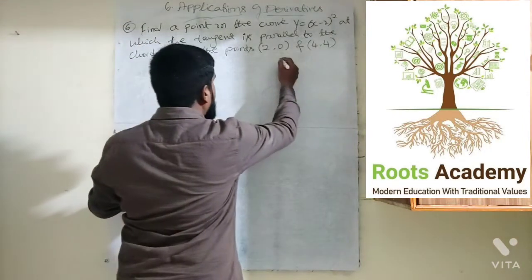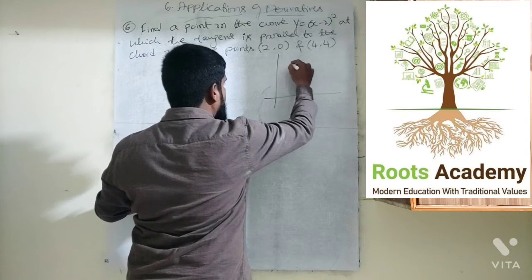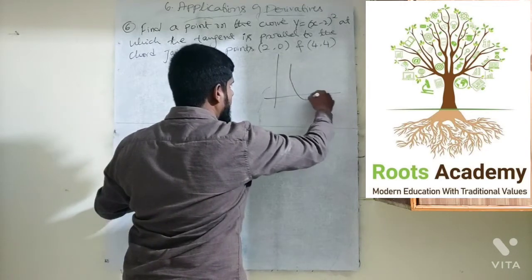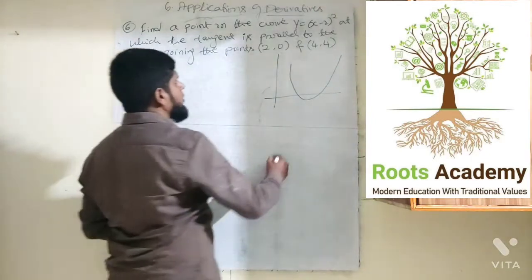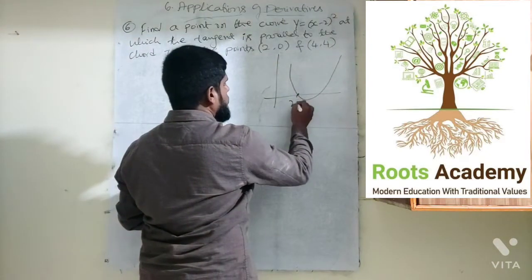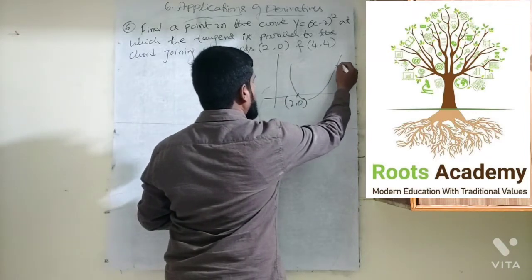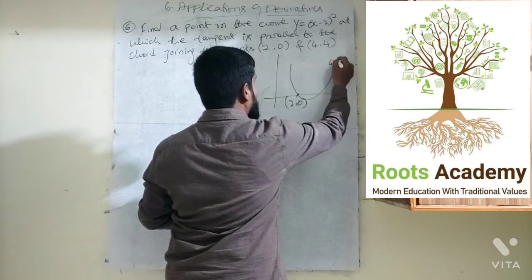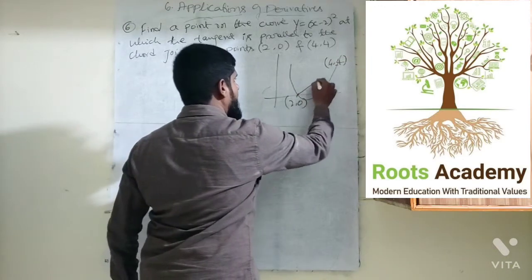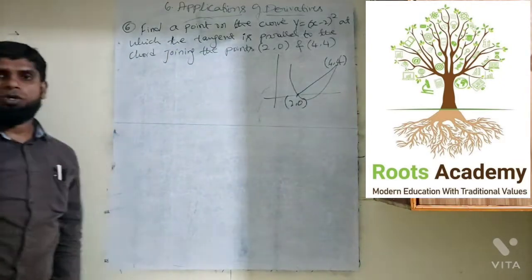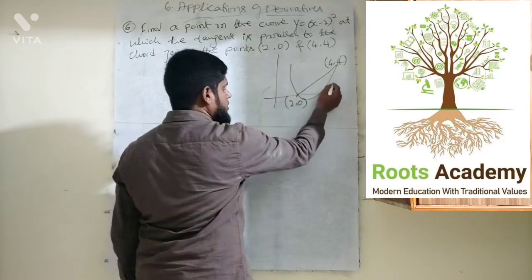So if we draw the graph, it will be somewhere like this. This is 2, 0, and let us consider somewhere it is 4, 4. See that? Chord, and the tangent is parallel to this.